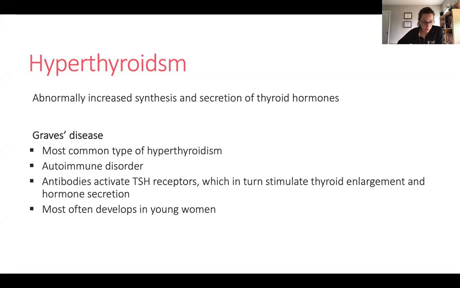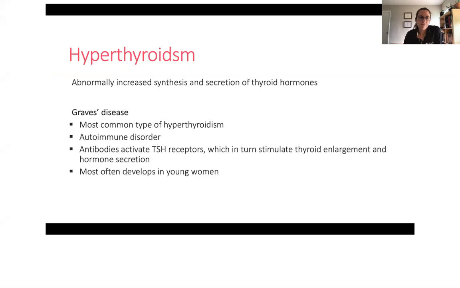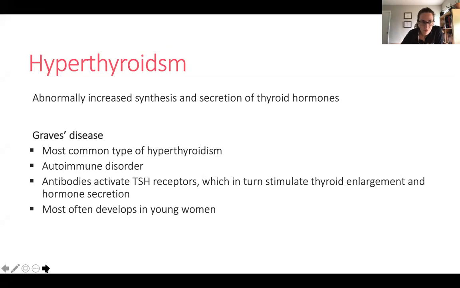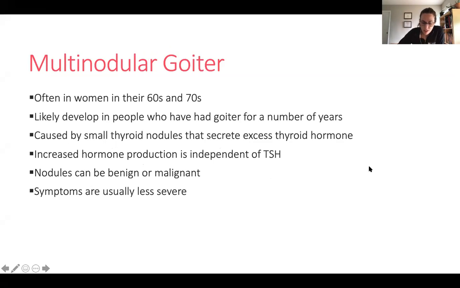This is most common in young women. The multinodular goiter, which is the enlargement of the thyroid gland, is more commonly seen in women in their 60s and 70s.